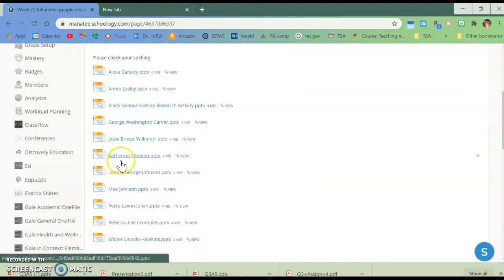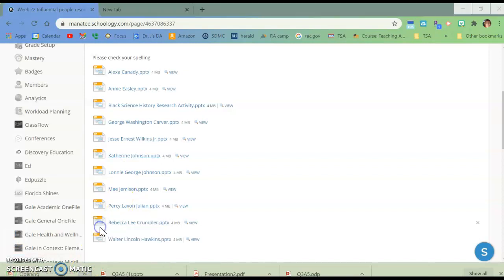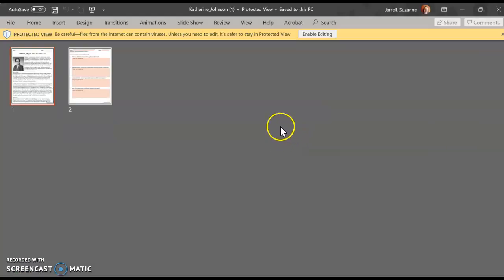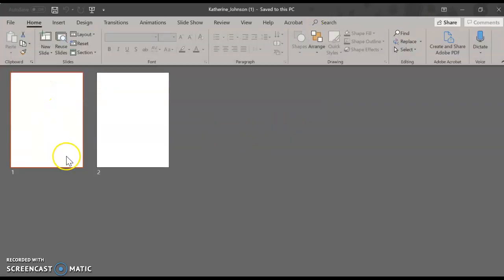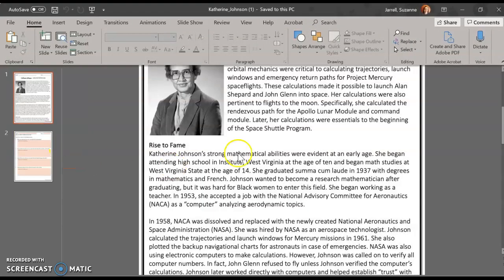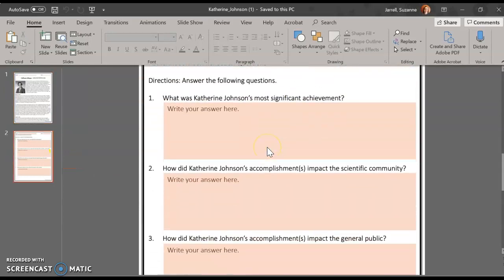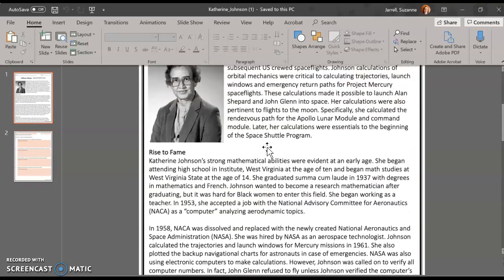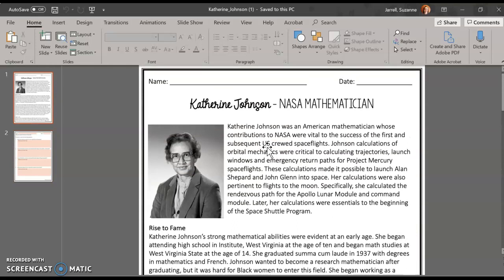Whichever person you end up picking, you will open it up, and it opens in PowerPoint. There is a reading page that will have all the information on it about the person.